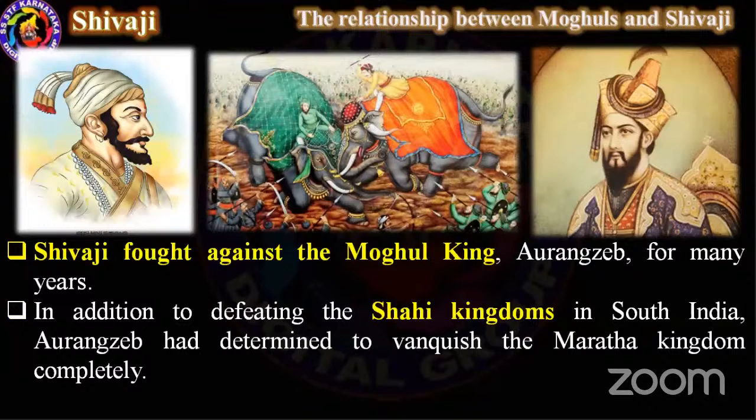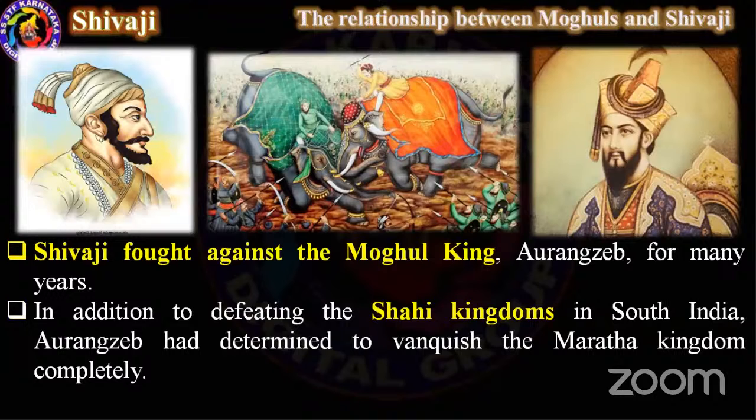In addition to defeating the Shahi kingdoms in South India, Aurangzeb had determined to vanquish the Maratha kingdom completely. He had a dream to defeat the Shahi kingdoms: the Vijaypura rulers, Ahmednagar rulers, Berar rulers and Golconda rulers.